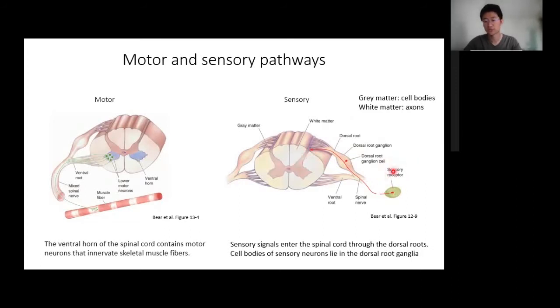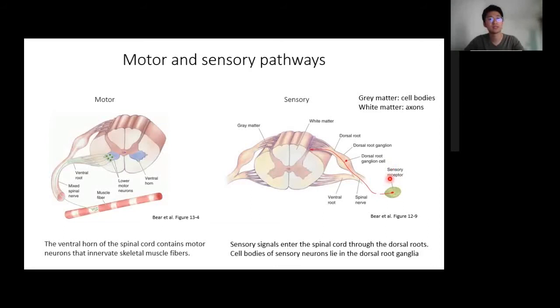So these sensory receptors can have different types. You can have sensory receptors which are sensitive to muscle length, velocity, or force, or even temperature, touch, pain, and so on. So many types of receptors.